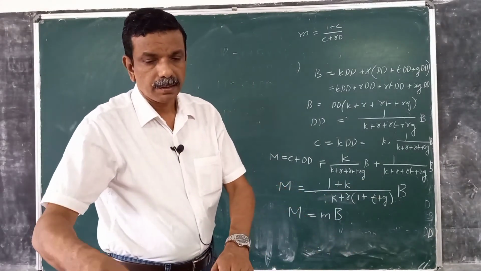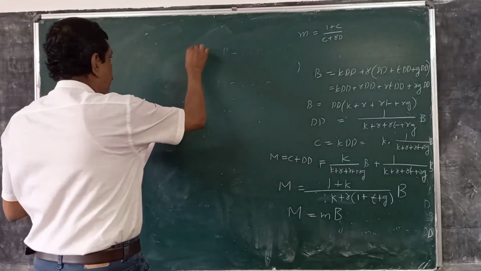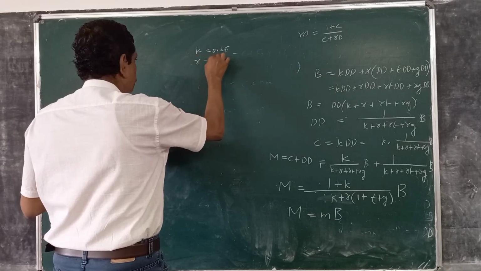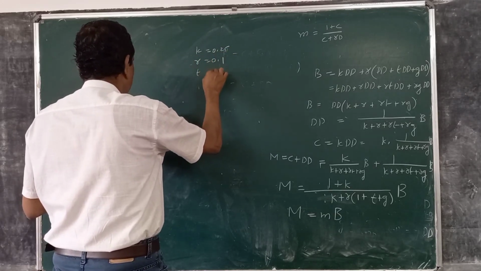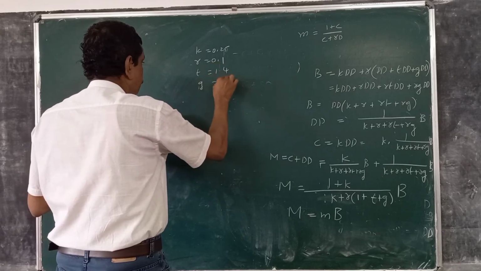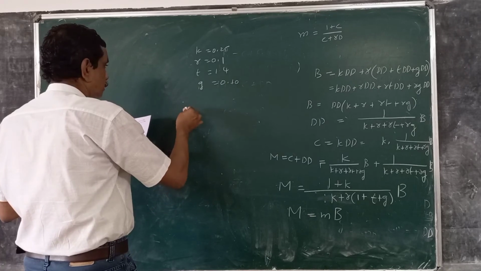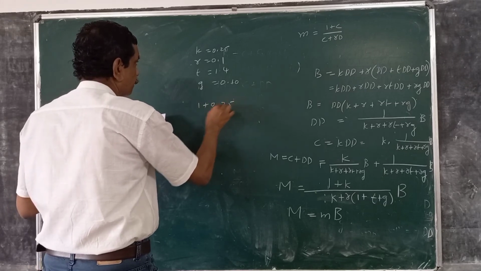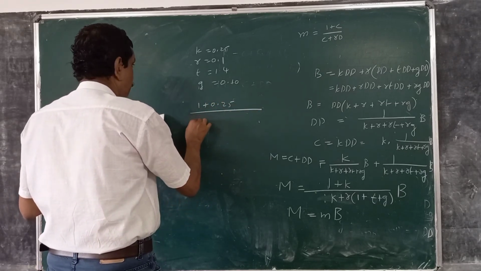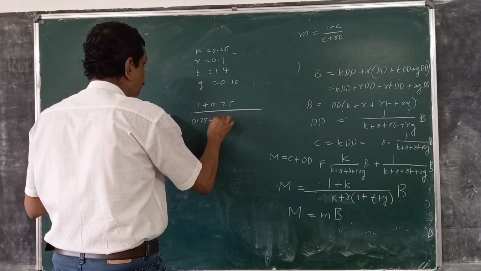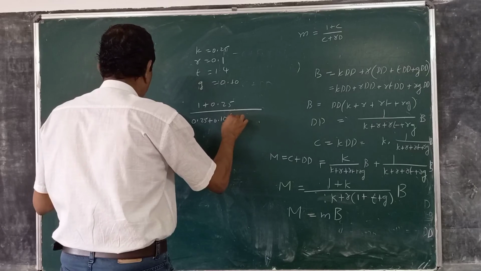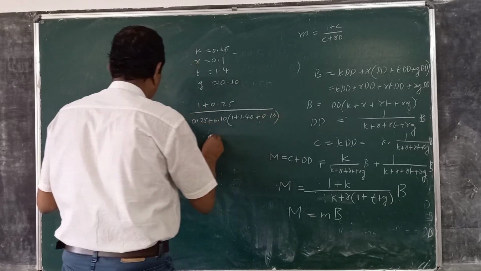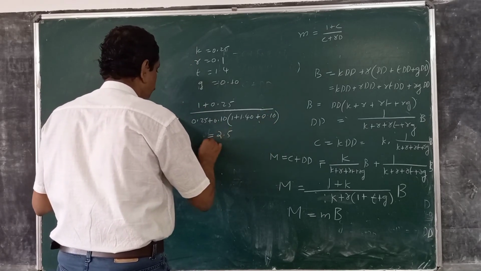As a numerical example, if we let K equal 0.25, R equal 0.1, T equal 1.4, G equal 0.1, we have the size of money multiplier as 1 plus 0.25 divided by 0.25 plus 0.10 into 1 plus 1.40 plus 0.10, that will give you value equal to 2.5.